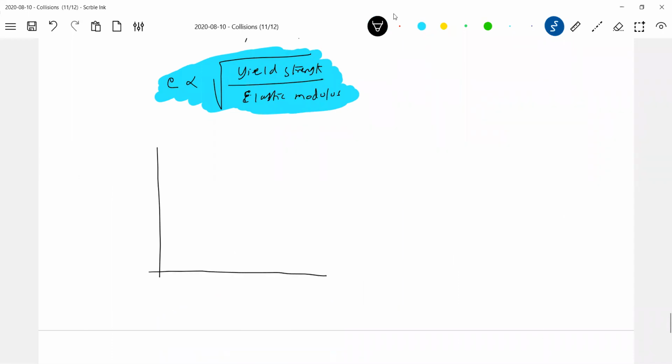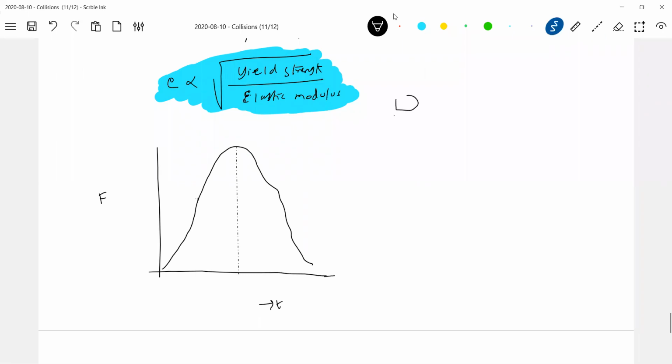And then, what actually happens during collision? So there's a graph, like a force. The moment the bodies come in contact, this is one. So let's go back.